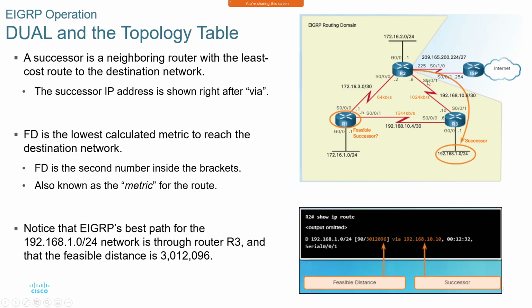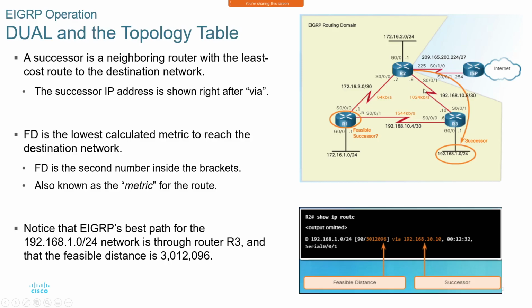So what is the best path according to EIGRP? As we already checked, EIGRP will consider two things by default, and that is the bandwidth of the link and the delay of the link. Because here we have a 64 kilobit link, which is lower than the 1024, the chosen path with the lowest metric is the path through router 3.